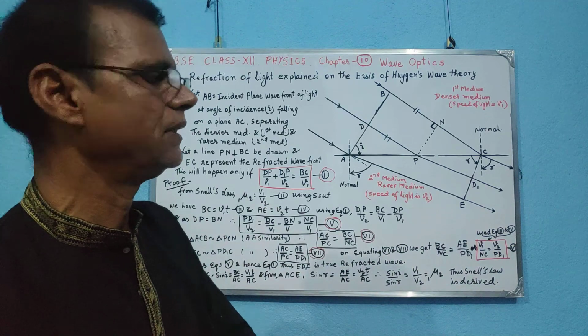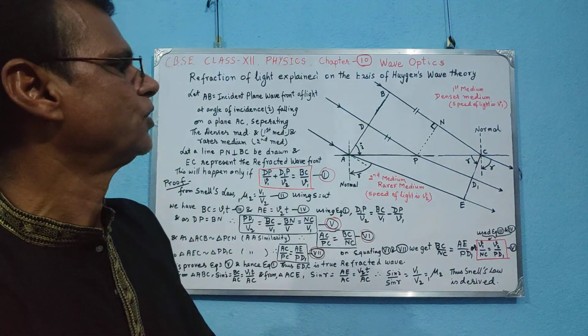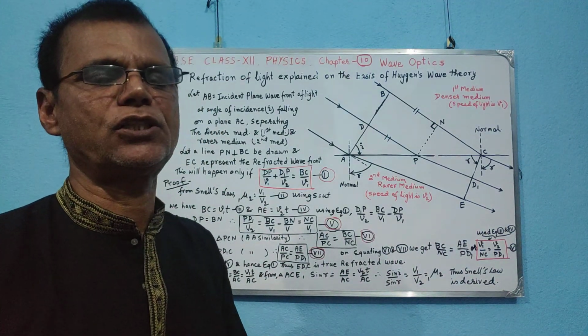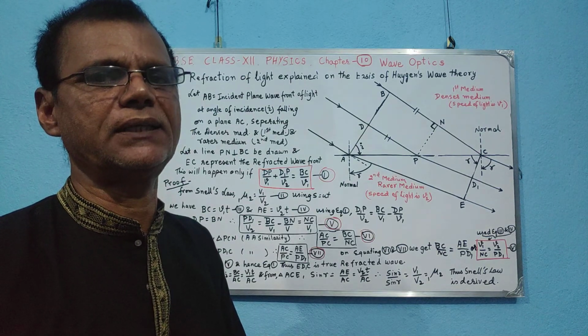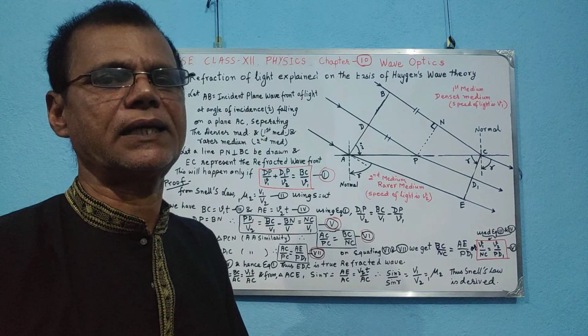The second medium is taken as a rarer medium. We also take that the velocity of light in the first medium is v1 and the velocity of light in the second medium is v2.